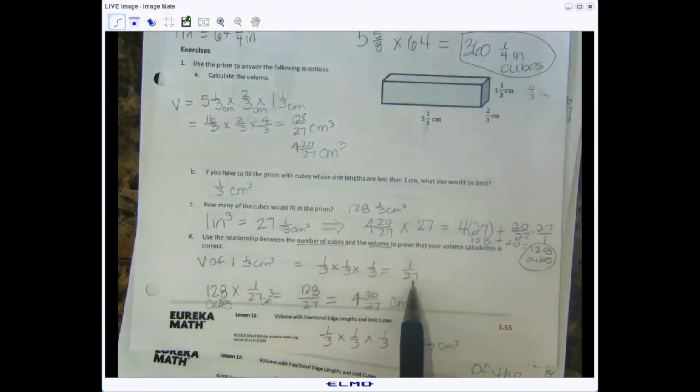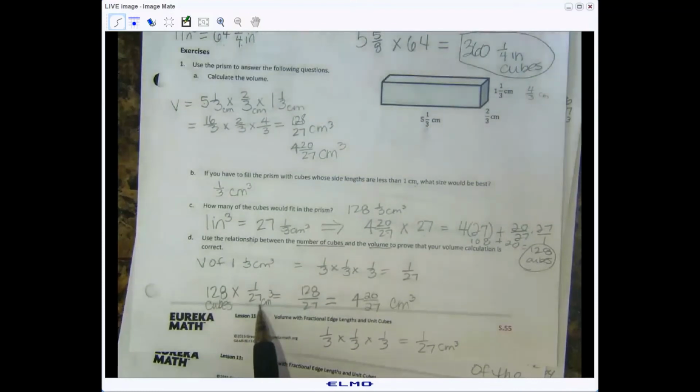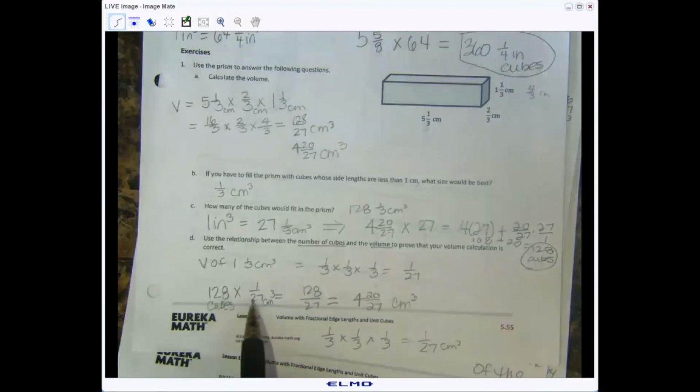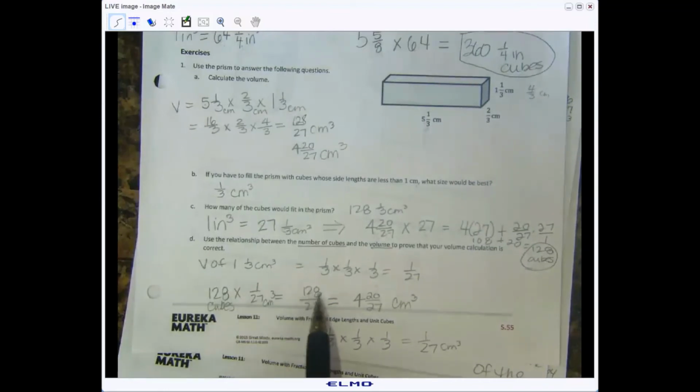That's the volume. And so if I have 128 cubes that are 1/27 cubic centimeters in volume, if you multiply that whole number times that fraction, you get 128 over 27, which is the volume of the whole box, which we had already calculated. So we are correct.